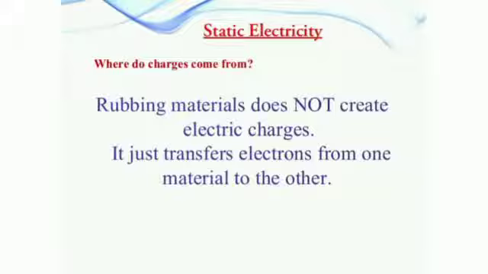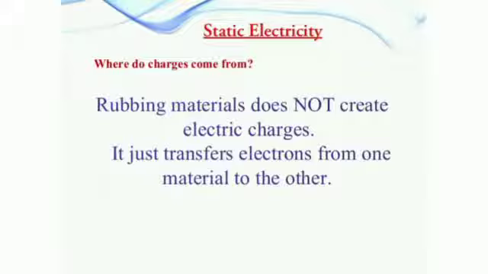Okay, students? When two objects are rubbed together, they create friction, and friction is the resistance force of objects that are rubbed together. And due to the friction, transfer of electrons takes place. And static electricity is the buildup of charges on the surface of an object.